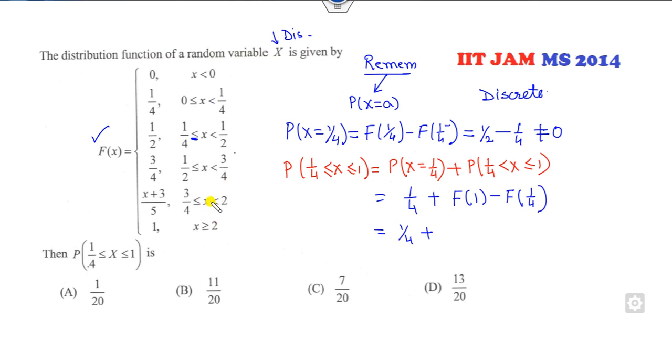Equality 1. Where does the 1 appear? Here. So I can substitute: 1 plus 3 is 4 over 5. What is F(1/4)? It appears here, it is 1 over 2. So you can see that 20 will be the LCM. 5 plus 16 minus 10 is 21 minus 10, which is 11 over 20, the right answer of this problem.